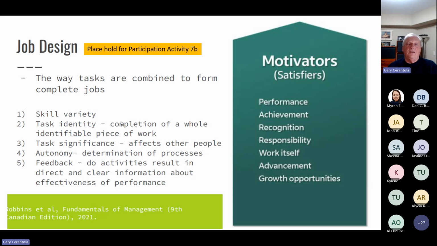I think it's one of the manufacturers, and it might be Audi, that they don't really have an assembly line. They have people that come together to assemble that vehicle, and they have more self-fulfillment because they can see the actual end product, right? That's what this task identity is all about. And then tasks, how significant they are and how much autonomy. So those are the kinds of things that you build into job design.